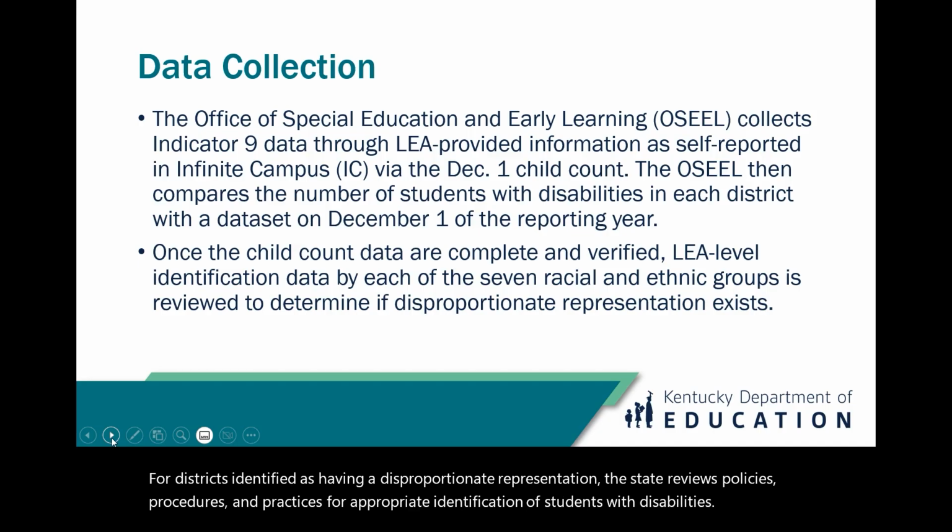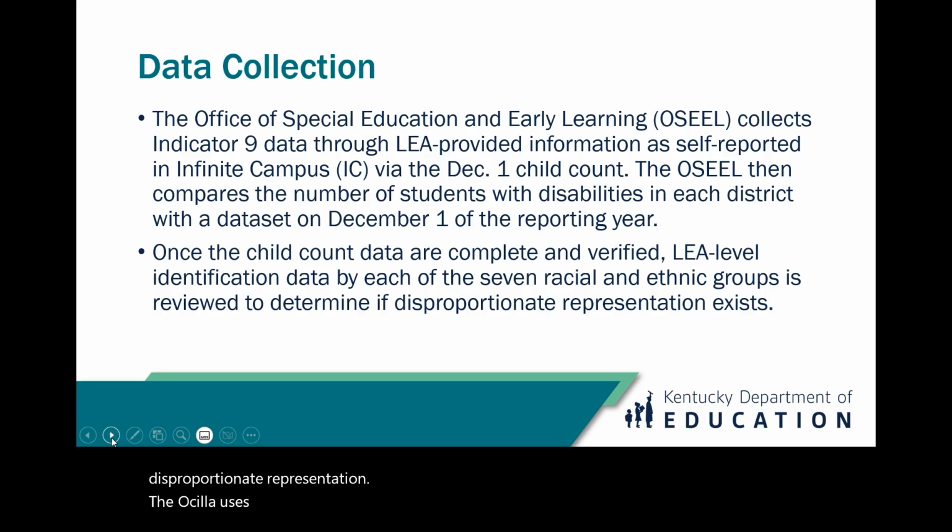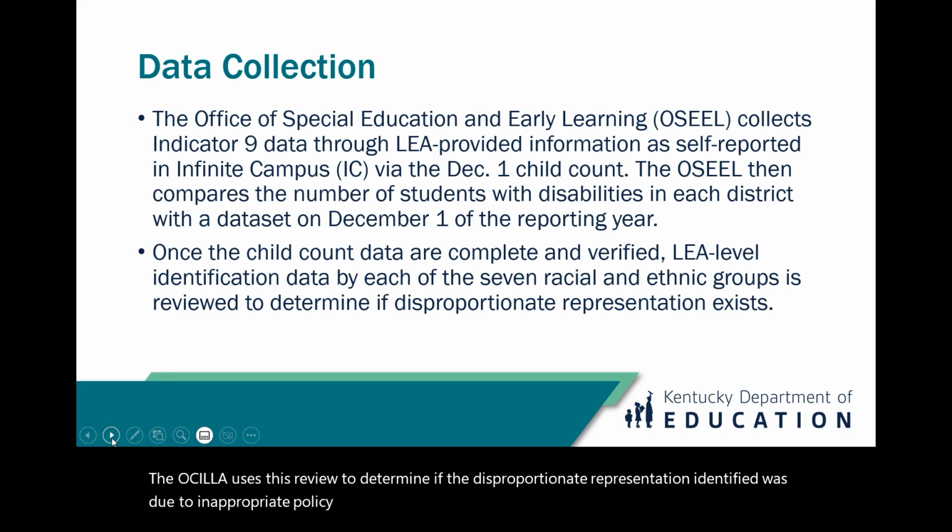The state also reviews student records in each of the racial and ethnic groups identified with a disproportionate representation. The OSEEL uses this review to determine if the disproportionate representation identified was due to inappropriate policies, procedure, or practice.